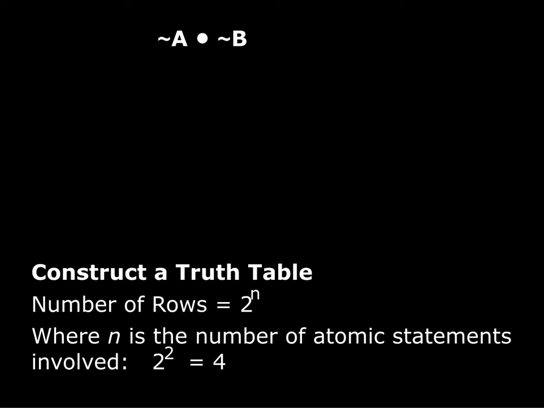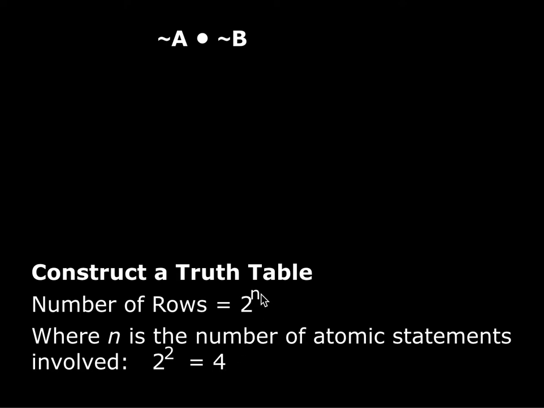The number of rows is going to be 2 to the n. What's n? N is the number of atomic statements involved in the compound statement. We only have 2 atomic statements, A and B, so 2 to the second power, 2 squared, is 4.